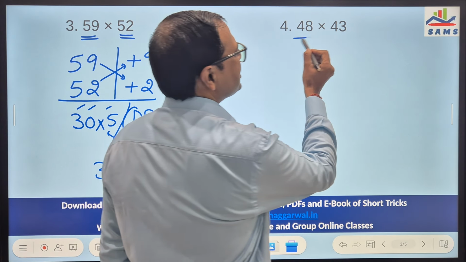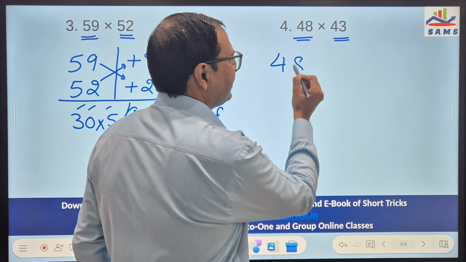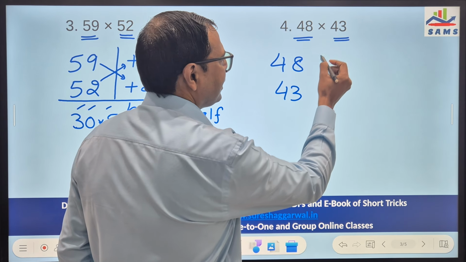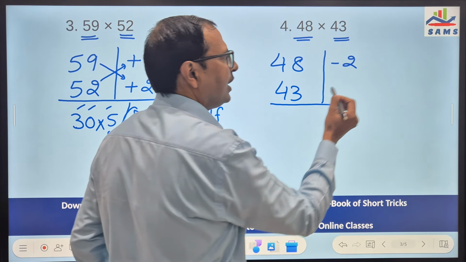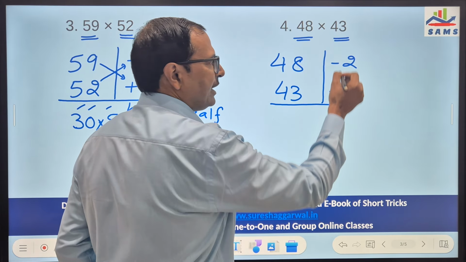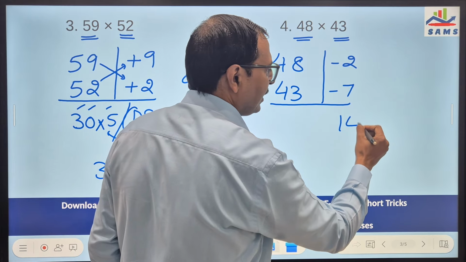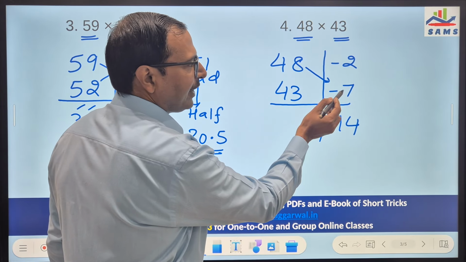Now coming to this question, 48 and 43. Again deficits, right? So when you check, the deficit of 48 from 50 is -2 and the deficit of 43 is -7. When you multiply these two, you get 14. And let us check what happens when you subtract like this. It is 41.